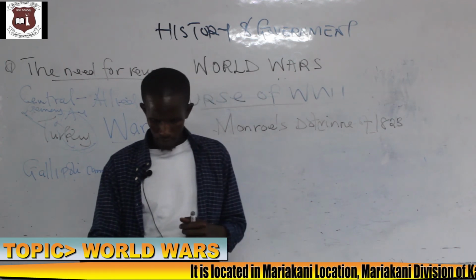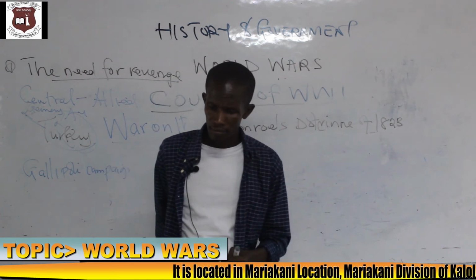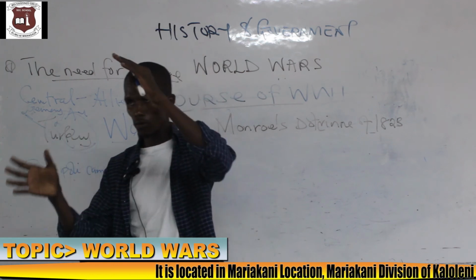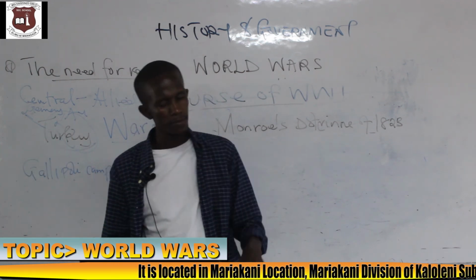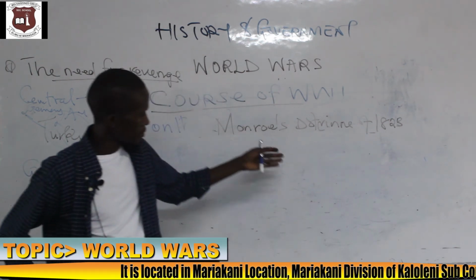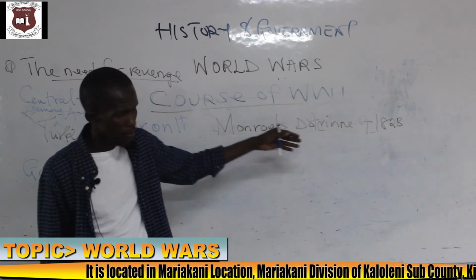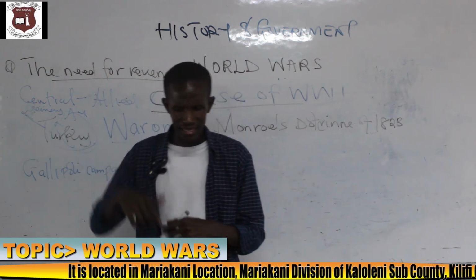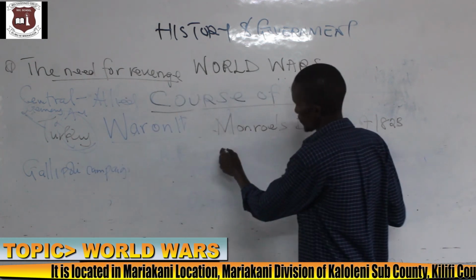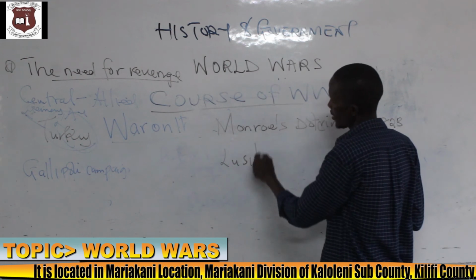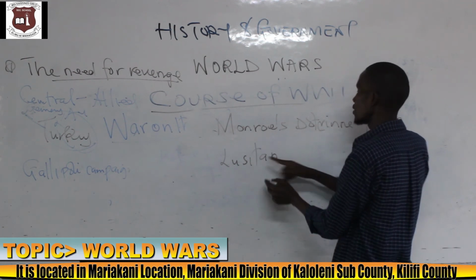So Germans made U-boats which operated both on water and under the water. On the 7th May 1917, the German submarine sank the Lusitania.